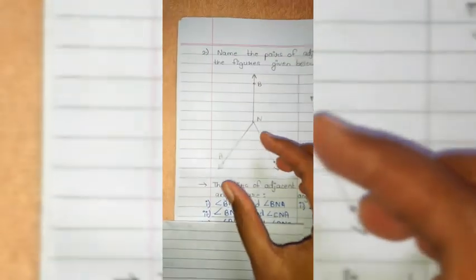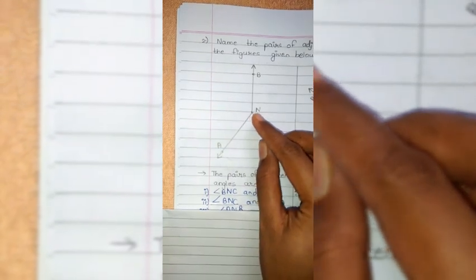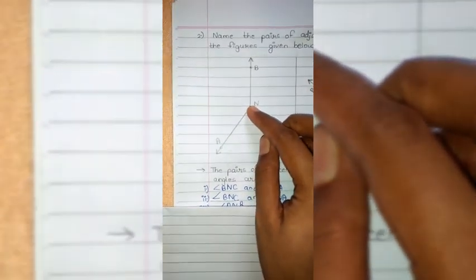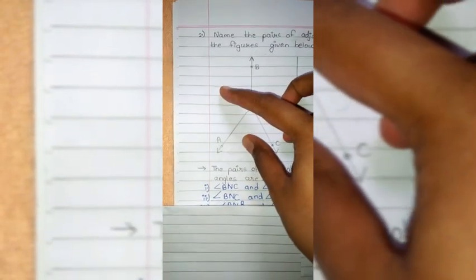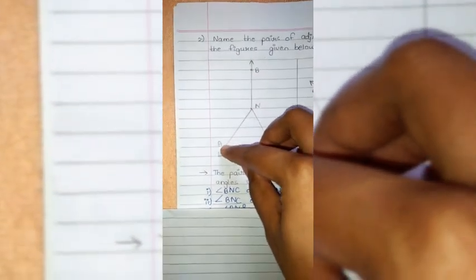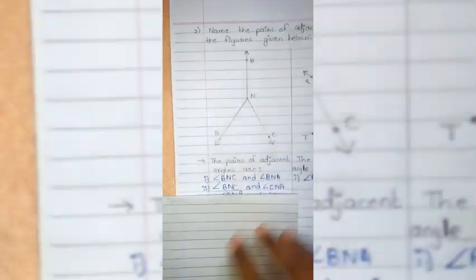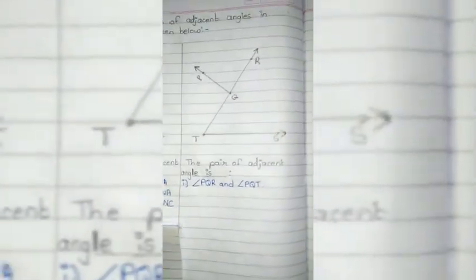Consider AN to be the common arm. Then N is the common vertex and these two are the separate interiors. So the adjacent angles are ANB and angle ANC. Now the next sum.